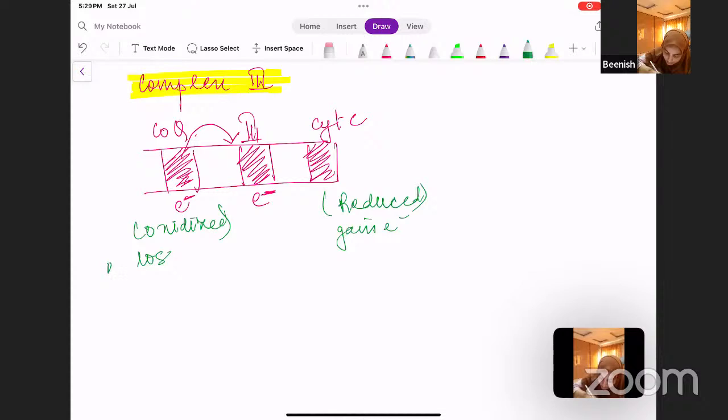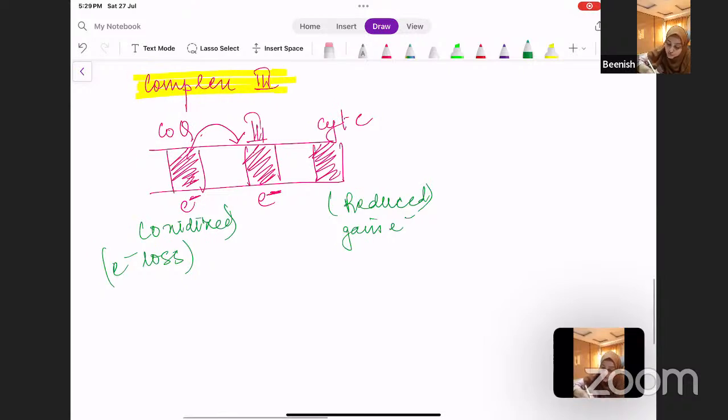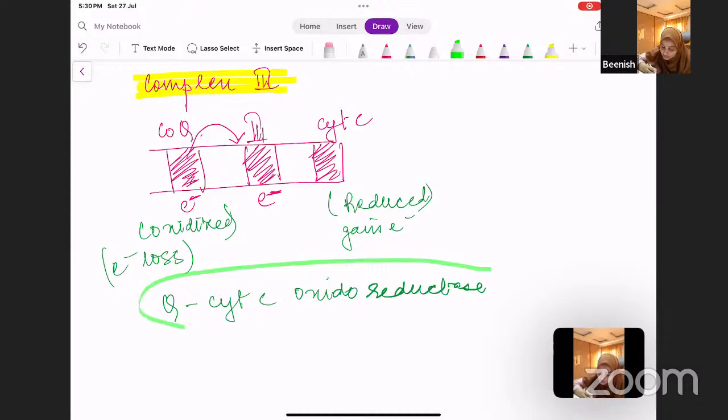As your coenzyme Q is being oxidized and cytochrome C is being reduced, therefore this complex 3 is known as Q cytochrome C oxidoreductase. So that is the name of your third complex.